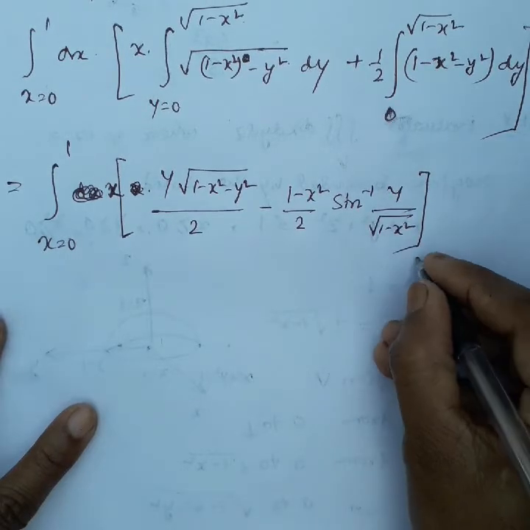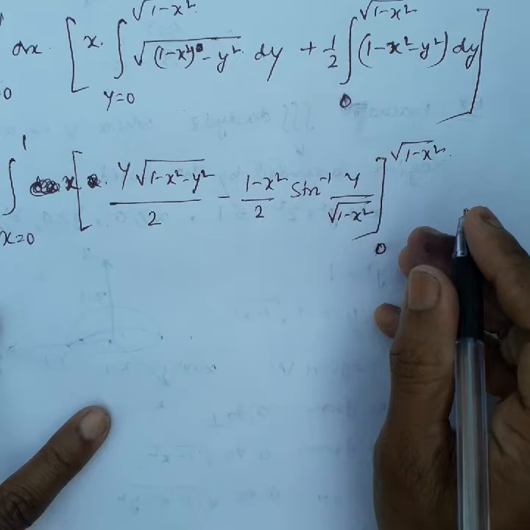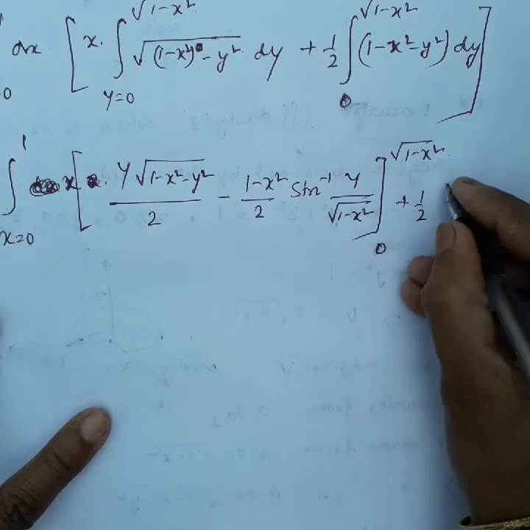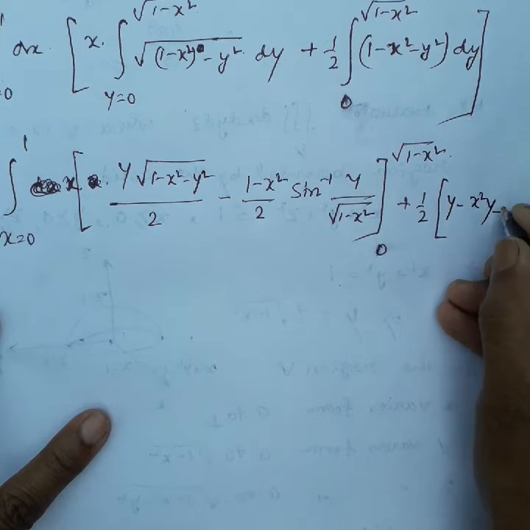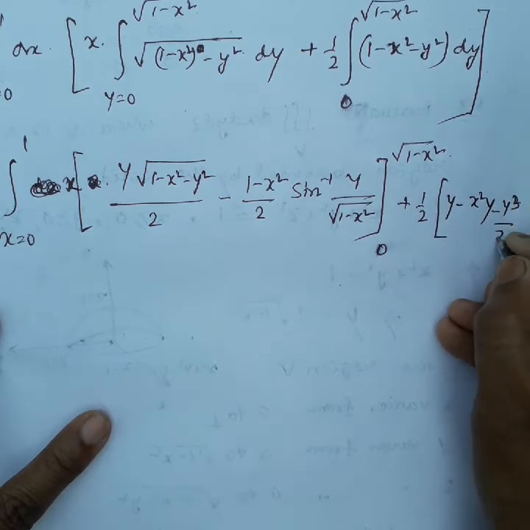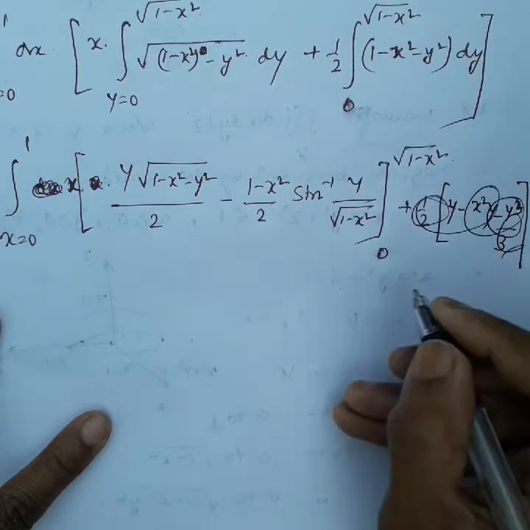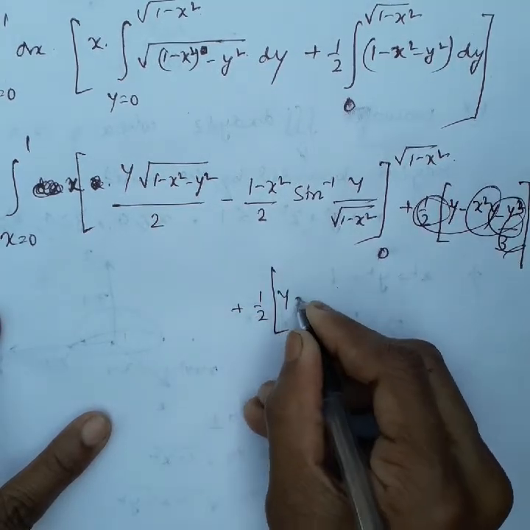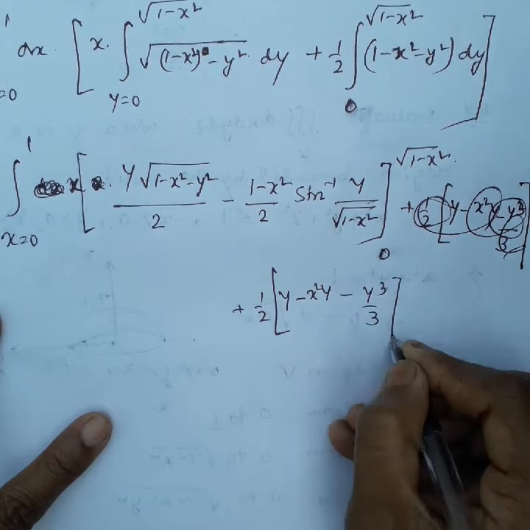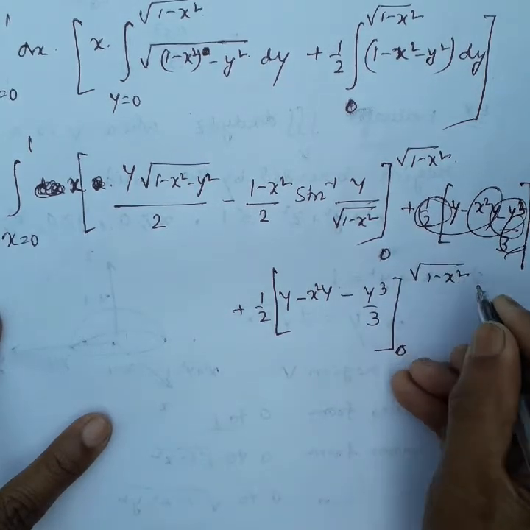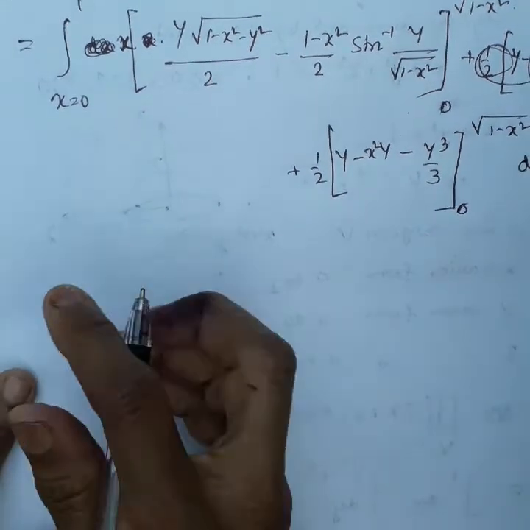Okay, this is the first integration, here 0 to root over of 1 minus x square, plus half of this value, which is y minus x square y minus y cube by 3. Half of y minus x square y minus y cube by 3, this is also 0 to root of 1 minus x square. Okay, this over integration dx.